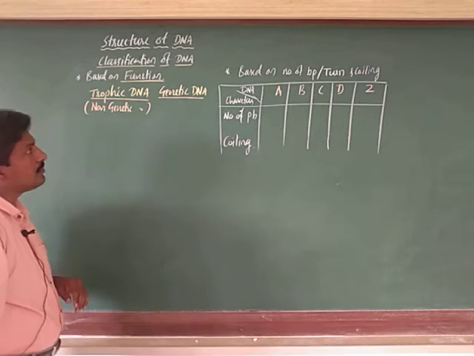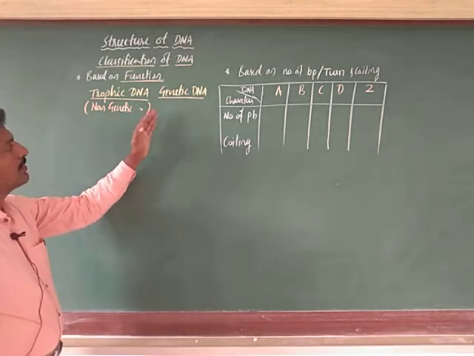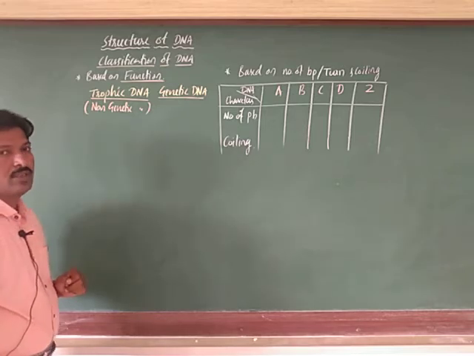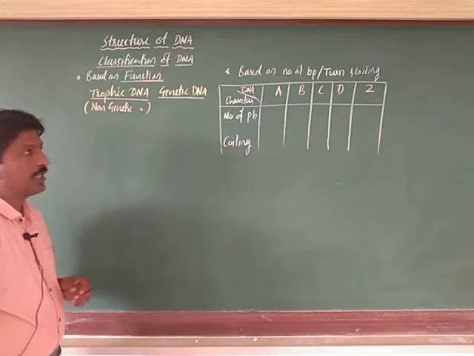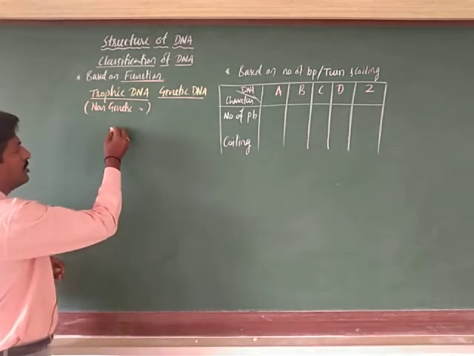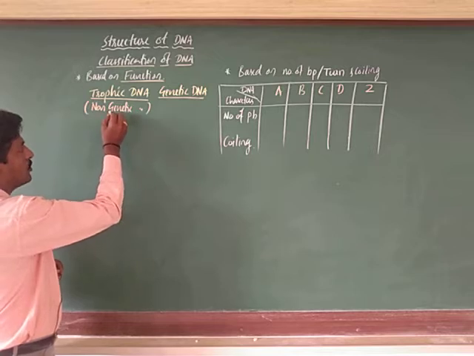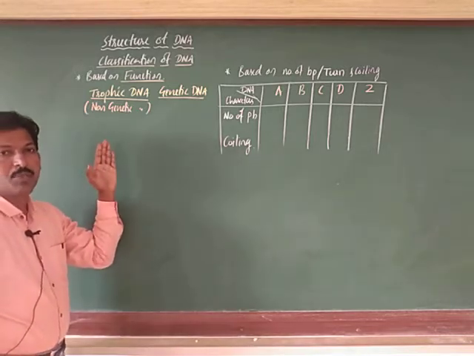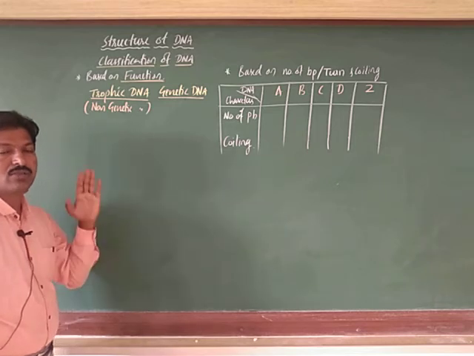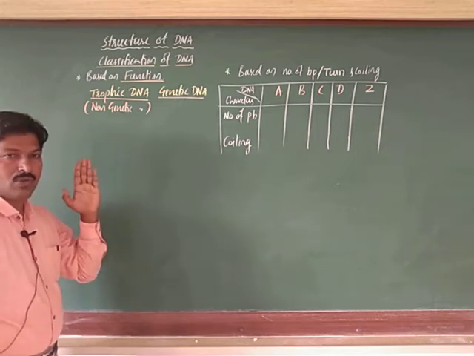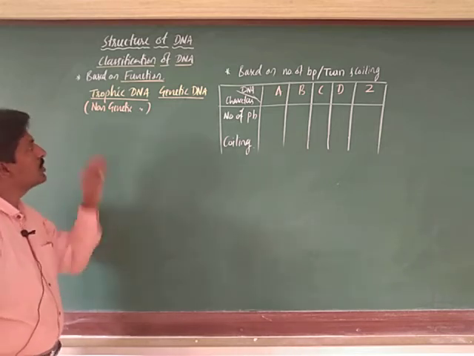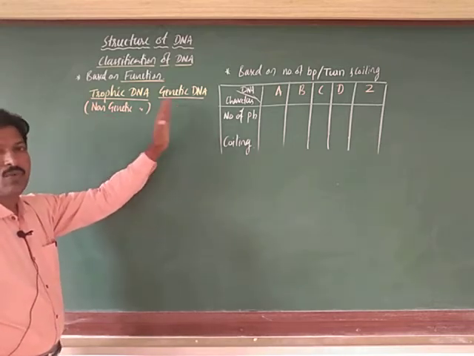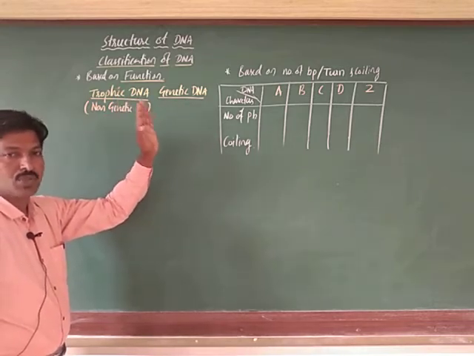What exactly is the difference? Trophic DNA we usually observe in unicellular organisms, like the paramecium, for example. This DNA does not perform reproductive characters, that is, it is not involved in the reproduction process, but genetic DNA is involved in reproduction.